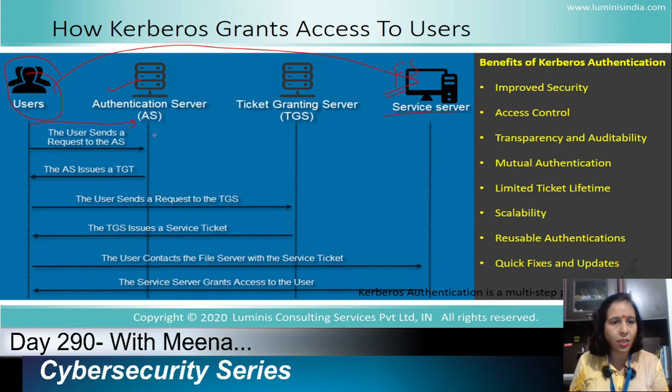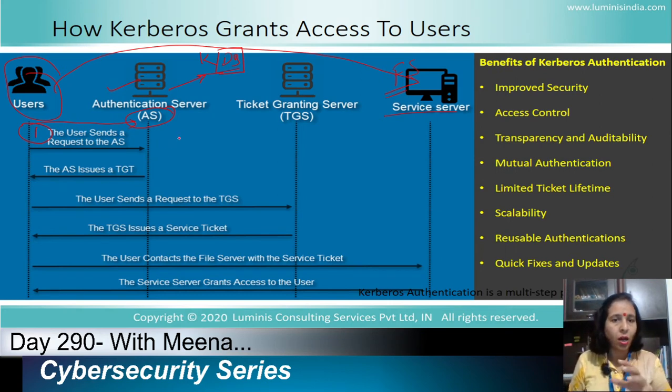Before giving the grant over the file server, this server checks in the Kerberos database whether the user ID and the password are correct. This is the first information it checks, and once the authentication server finds this is the right user with the right password, it can give that user permission.